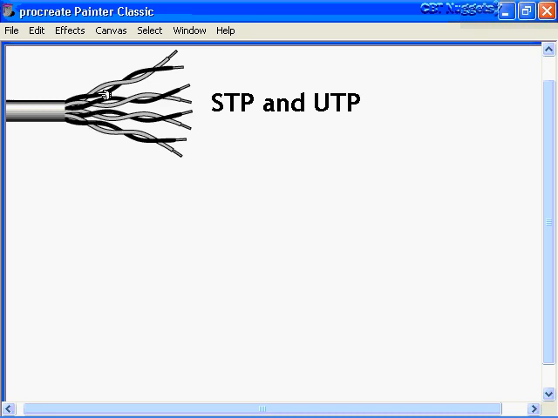Each pair is going to be made up of 2 insulated copper wires twisted together. These wire pairs are twisted because you want to reduce crosstalk and any noise interference, for example, EMI, electromagnetic interference. Now, high-quality twisted pair cables typically have about 1 to 3 twists per inch.